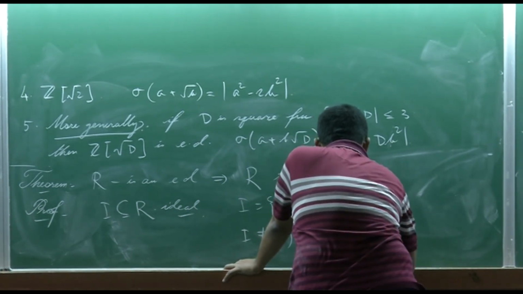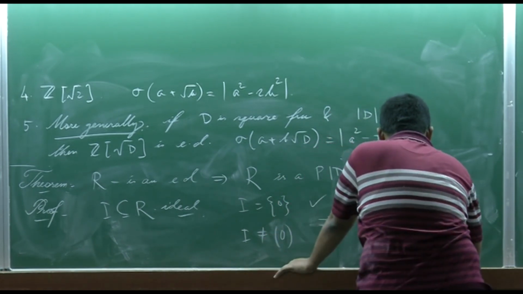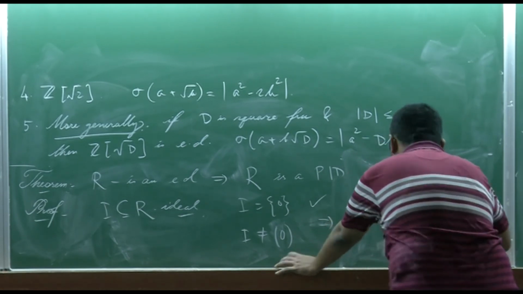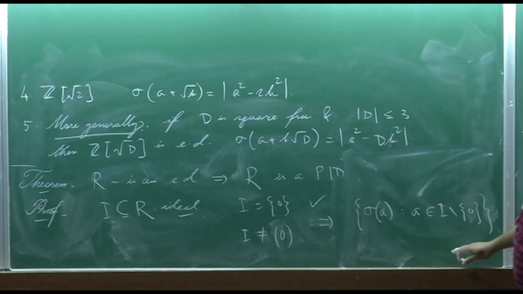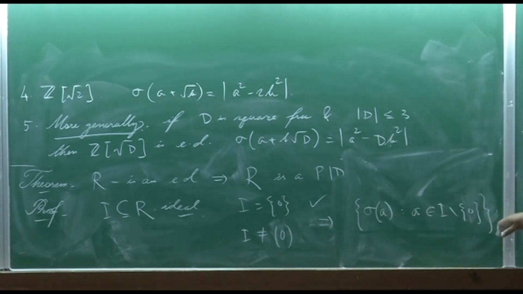What we will do is consider sigma of A for A belonging to I, A not equal to 0. Since this I is non-trivial, this is going to be a non-empty subset of non-negative integers.